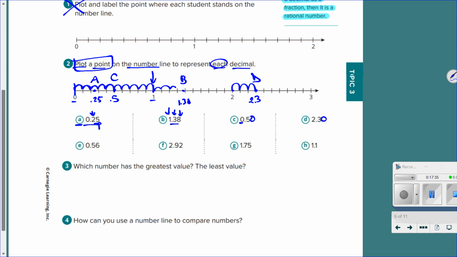All right, 5/10 and 6/100. Where's that going to come? Tell me where to start and where to stop. So you would start at 0. There's no whole number.